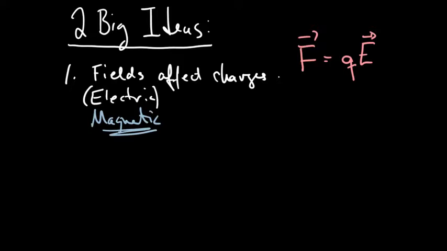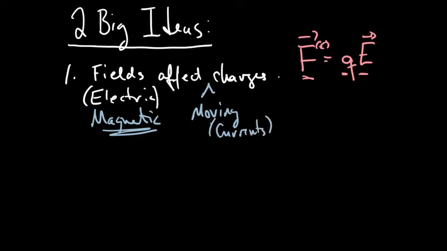If we look at this equation, we just have the magnitude of the charge and the magnitude of the electric field, and their product is the electric force. Now, magnetic fields are a little bit different. Magnetic fields affect moving charges or currents.